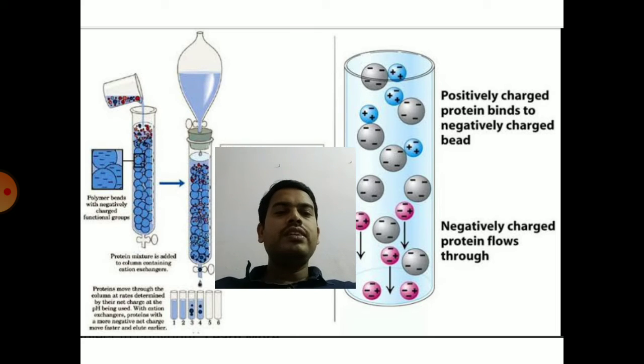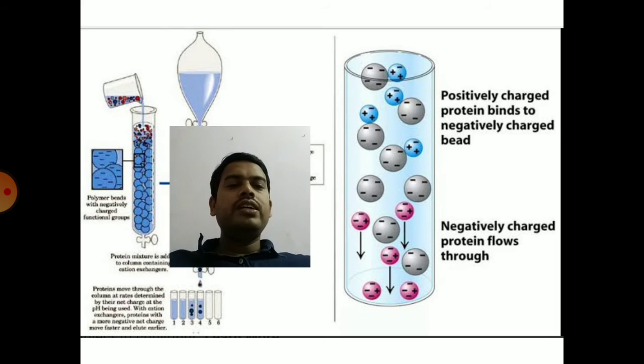So you can clearly see the column showing negatively charged cationic exchanger, where positively charged proteins are seen bound to the exchanger, whereas negatively charged proteins are repelled or come out of the column.